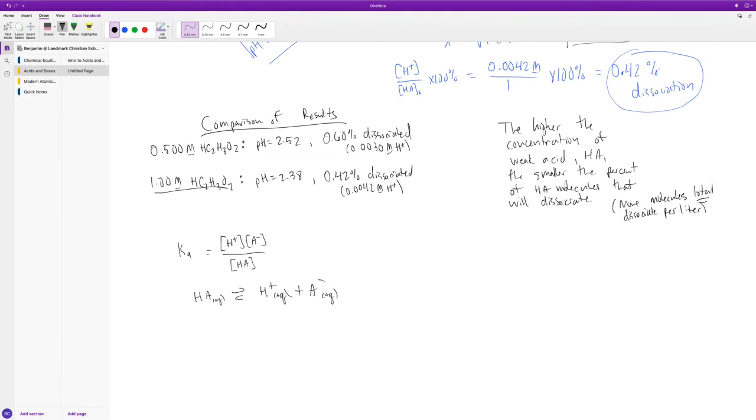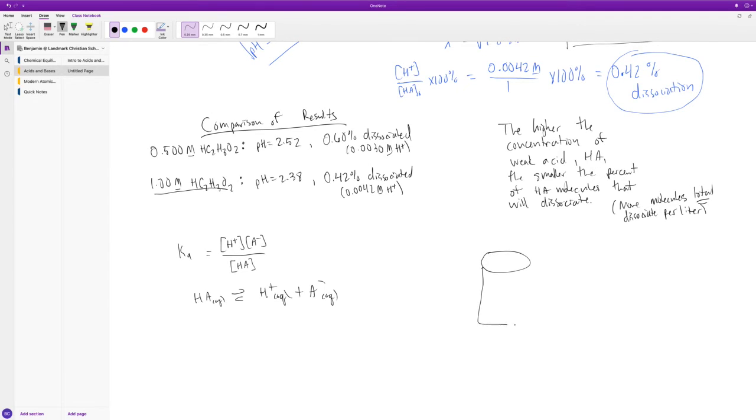Let's say you had this 1 molar stuff, and let's plug in our equilibrium concentrations here. 1 molar, and so you've got a whole lot of HA that's undissociated, and only 0.42% are dissociated. So this is an exaggeration, but just to make it clear.